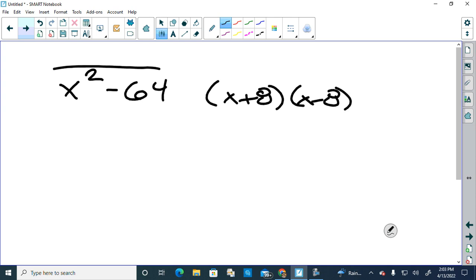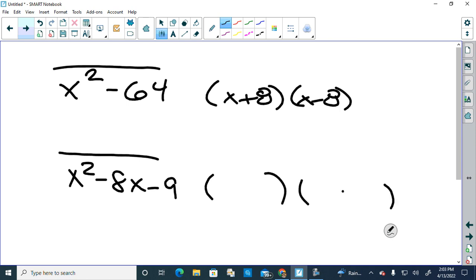Okay, 24, I did 25 with you, so 26 is a negative 5x plus 49 on top. And then on the bottom, they can have x squared minus 8x minus 9. Or x minus 9 and x plus 1, with the 9 being negative and the 1 positive. 27 is x plus 4 over x minus 3. 28, this was one of them that had that x that was flipped around.